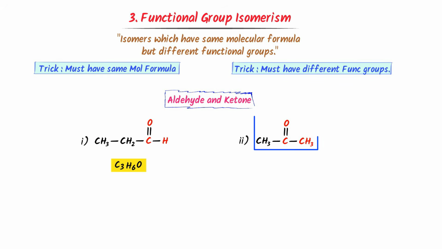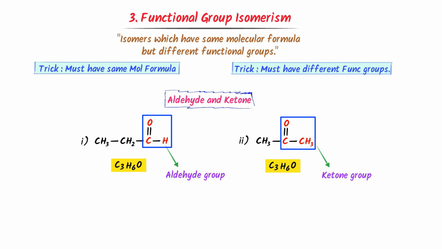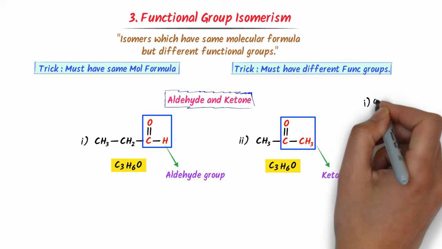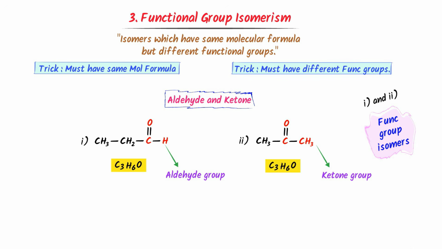The molecular formula of this ketone is: there are also 3 carbon atoms, 6 hydrogen atoms and 1 oxygen atom. Secondly, the functional group of aldehyde is COH and that of ketone is COCH3. They both have different functional groups. Thus, this aldehyde and this ketone are functional group isomers of each other.